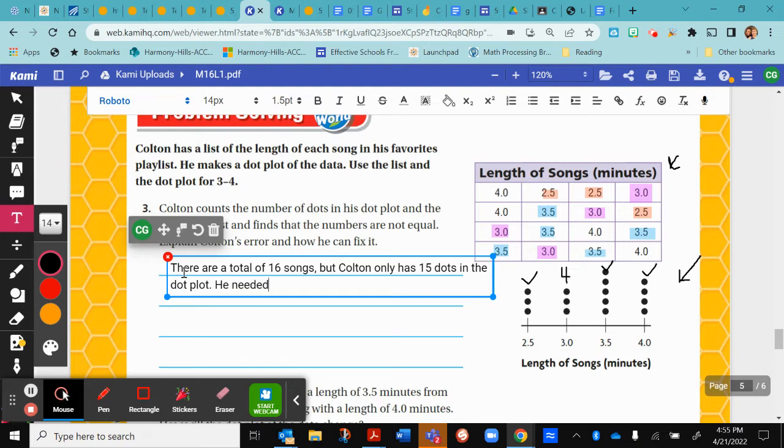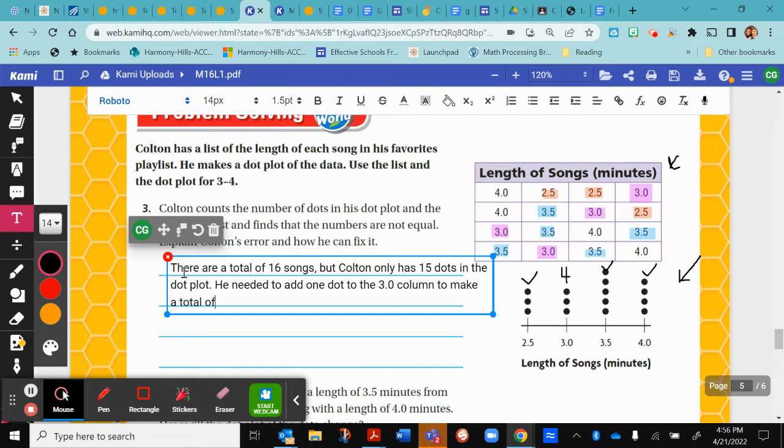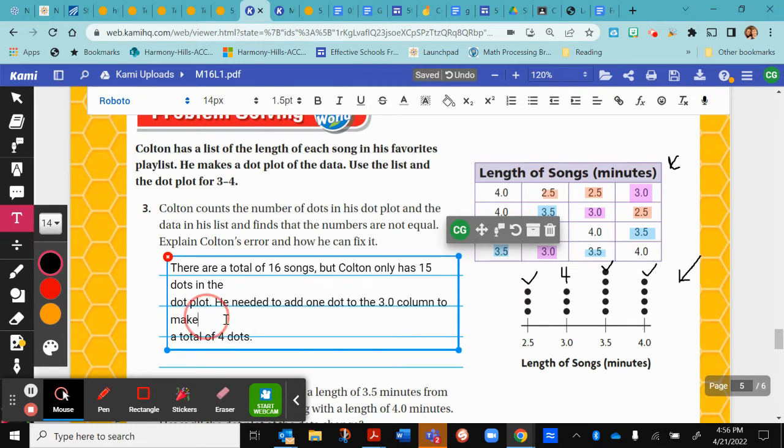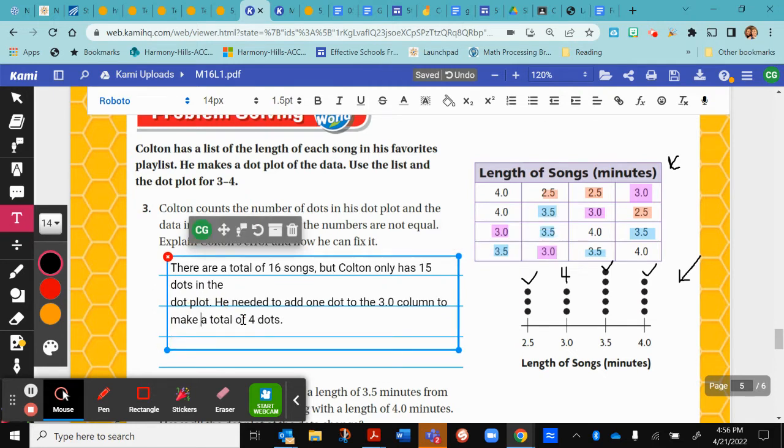He needed to add, and again, phrasing it in your own words, to add 1 dot to the 3.0 column to make a total of 4 dots. And he put 3. So that's kind of the gist of it. And again, you can put it in your own words. It doesn't have to be the exact, as long as the gist of it is there.